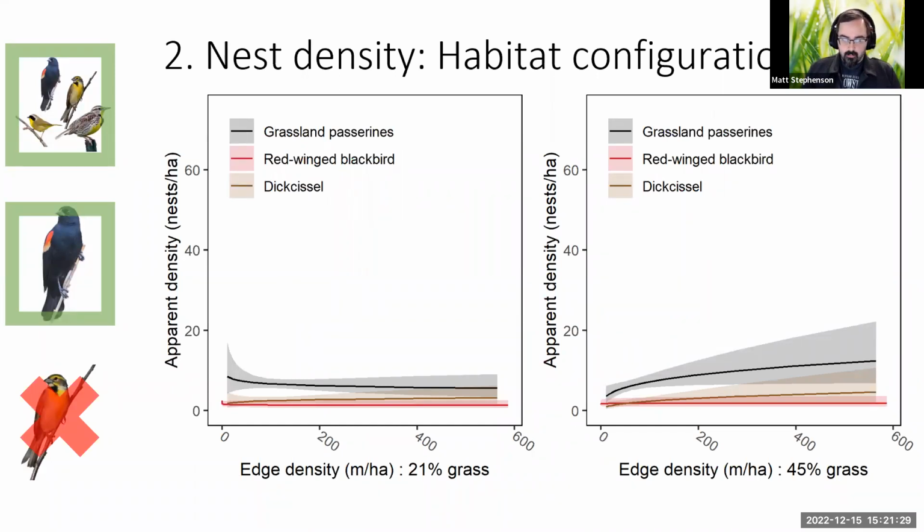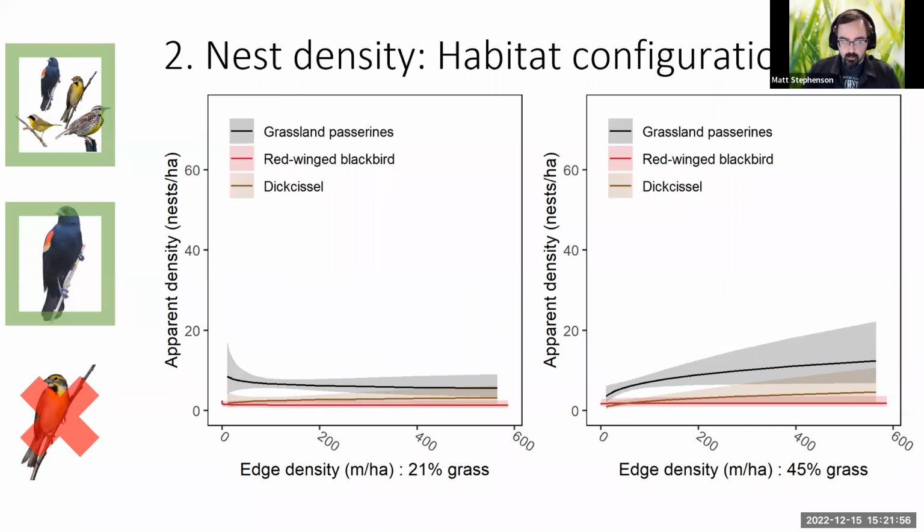Edge density was also a good predictor of nest density. Edge density is anywhere where a grassland land cover comes together with a different kind of land cover, primarily row crop, but also could be other things like developed land cover or woodland patches. Edge density didn't have a statistically significant effect in landscapes that didn't have a lot of grass in them.